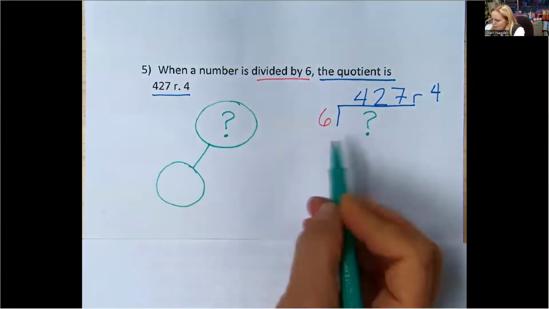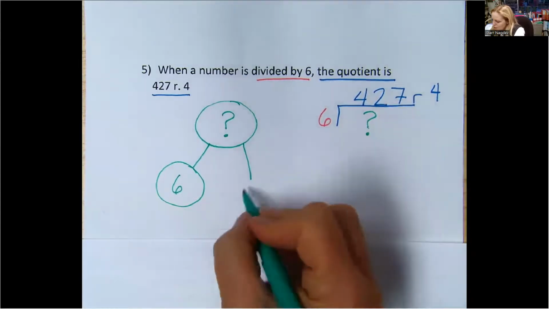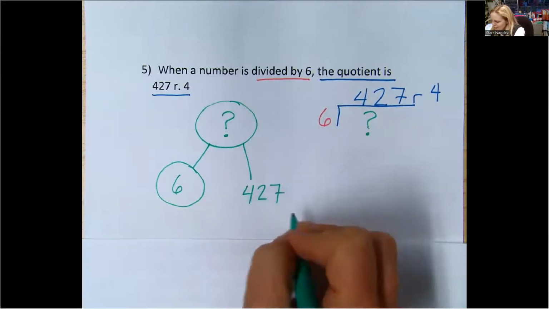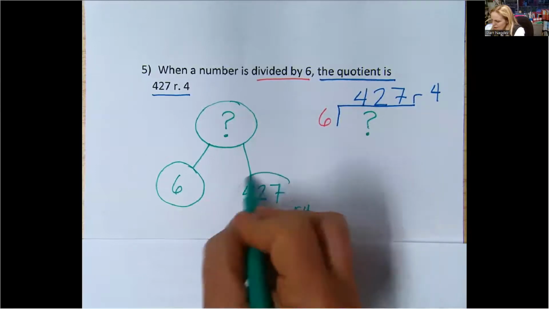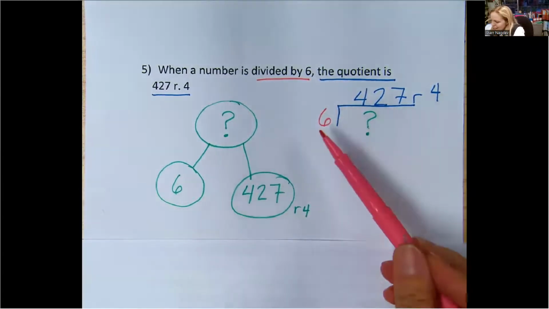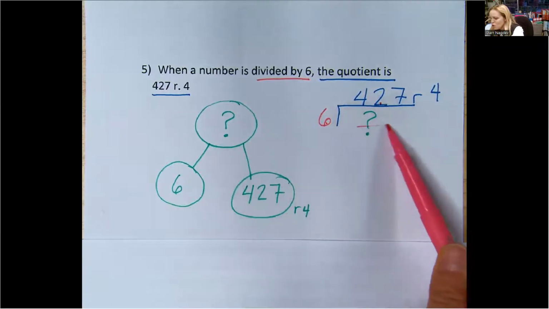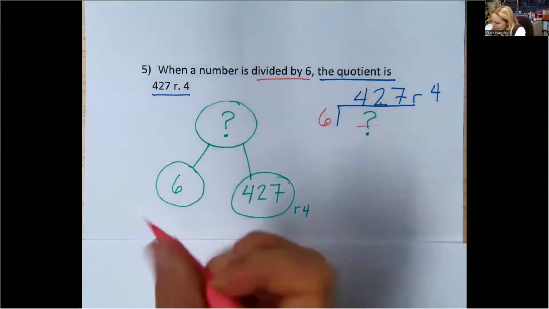Then we have 6 on one side. We've got the answer 427. We're going to save that remainder 4 there. And then we know that division and multiplication are related. We can use what we call inverse operations to solve, right? So I know that I could do 6 times 427, and that should give me the answer inside.